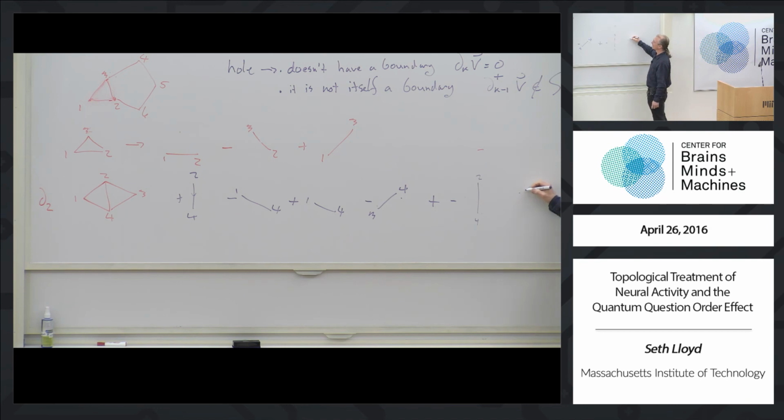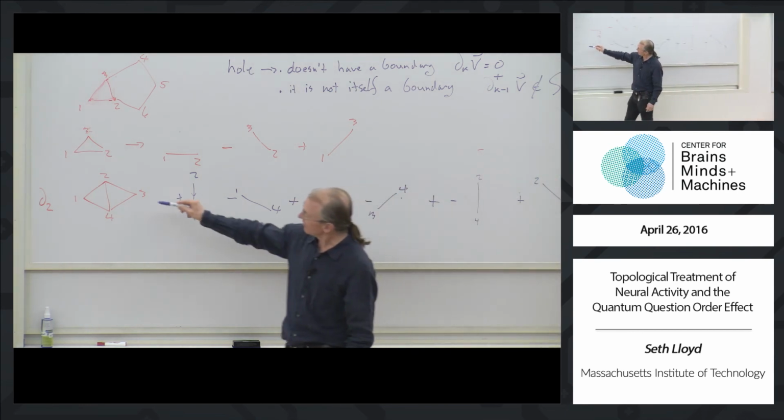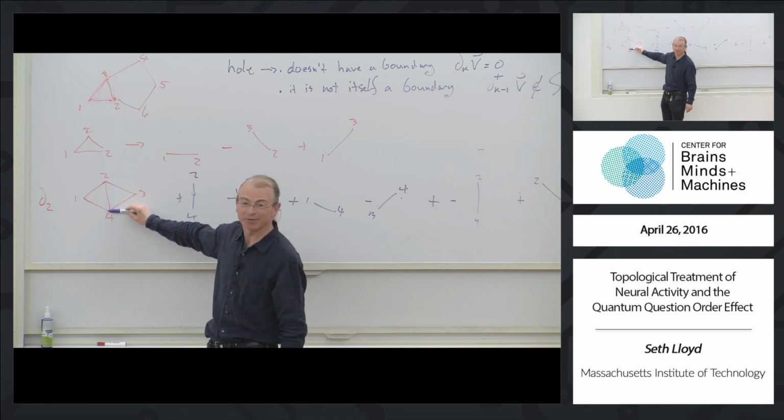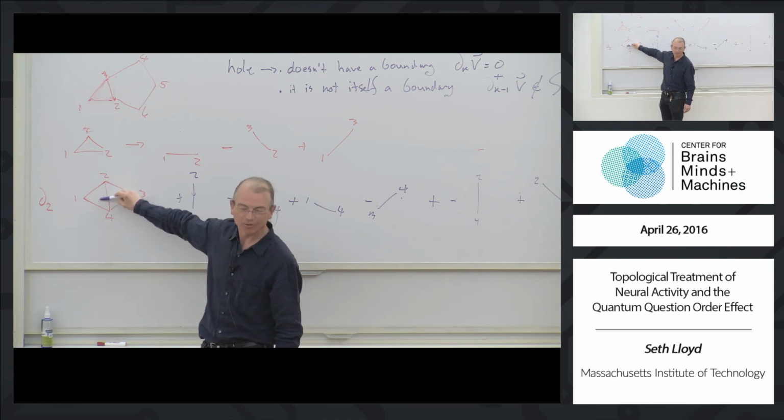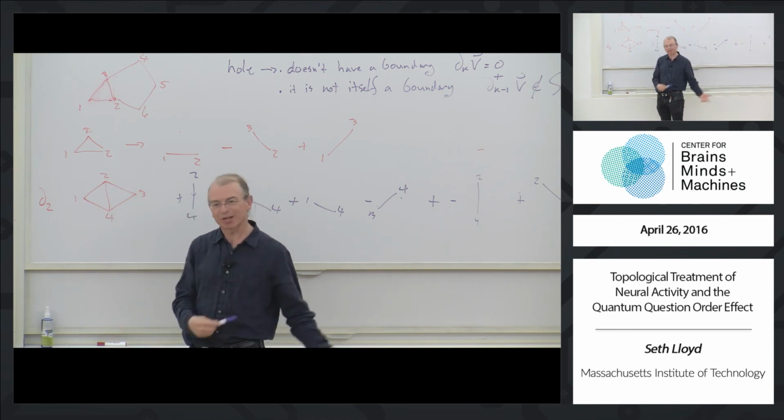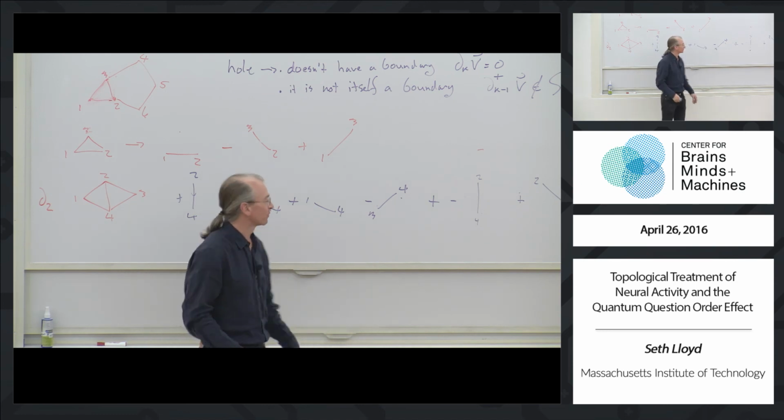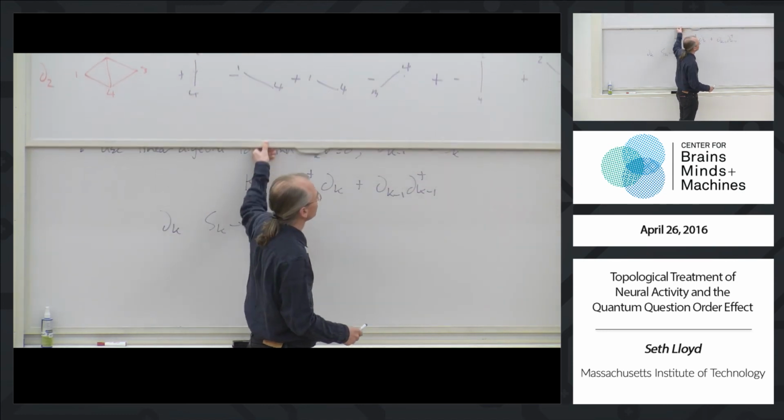And then the last one is plus 2. But because of the simplex, this point gets evaluated in one direction in one way and always the other direction the other way, so it always cancels out under the boundary. Thank you very much. You were so right.